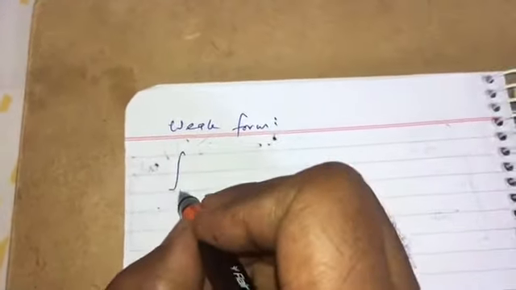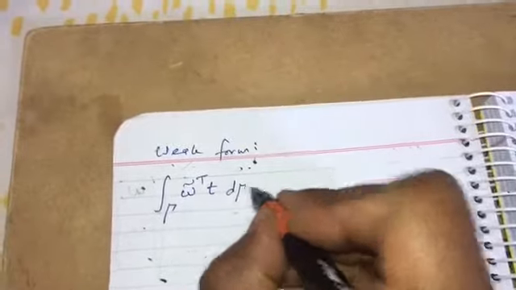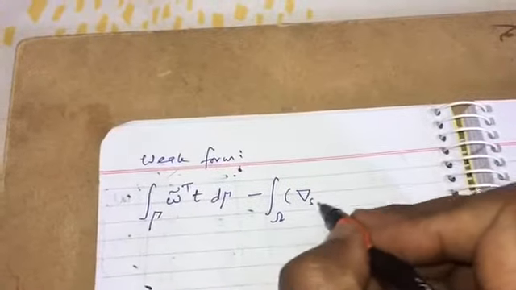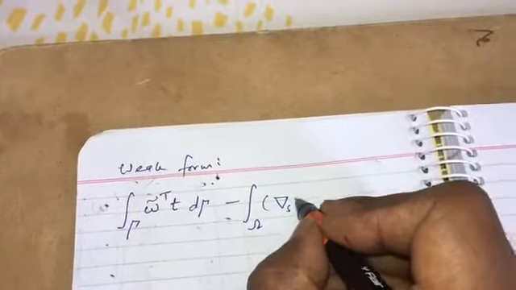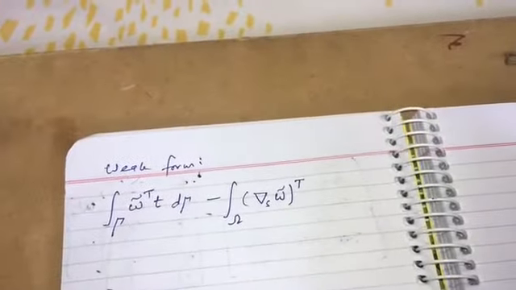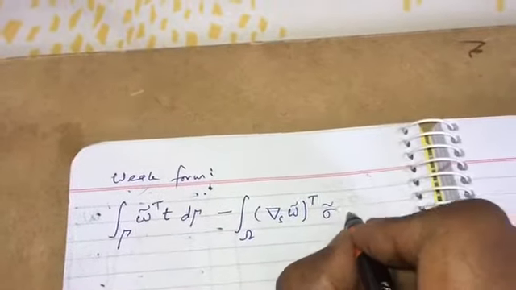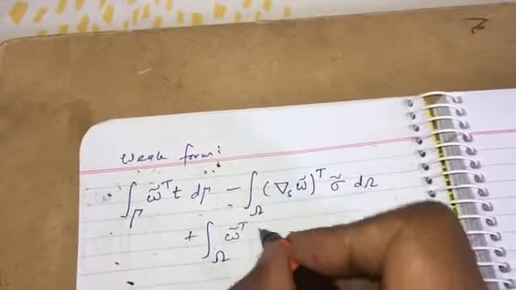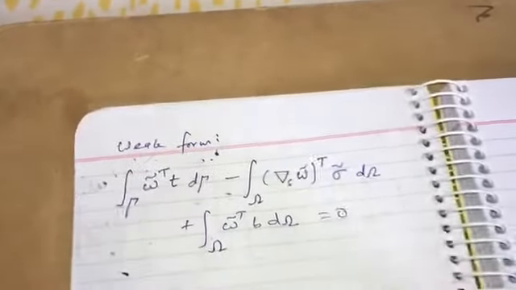So the weak form that we got finally is: integrated over gamma, W transpose T d gamma, minus integral over omega of del S W transpose sigma d omega, plus integral over omega of W transpose B d omega is equal to 0.